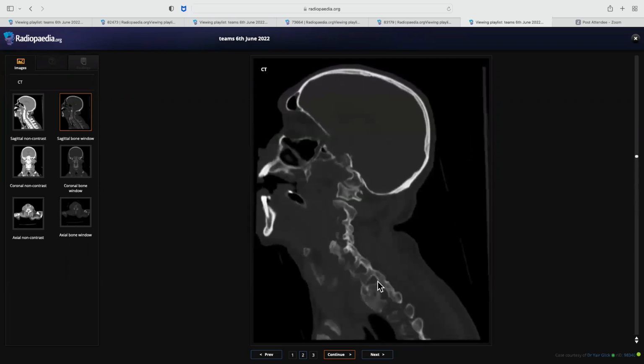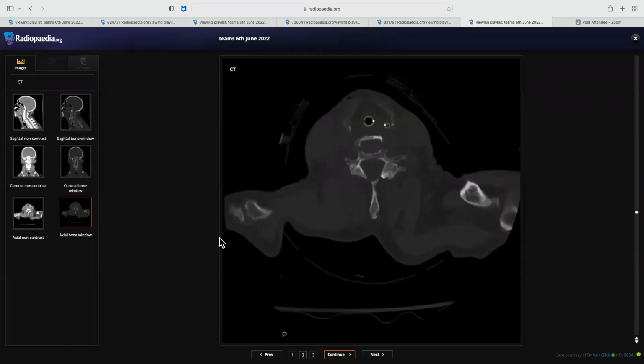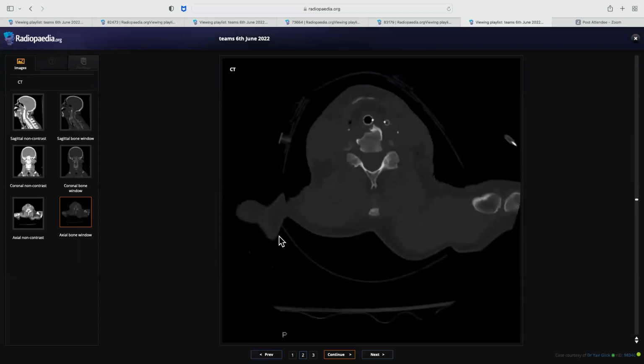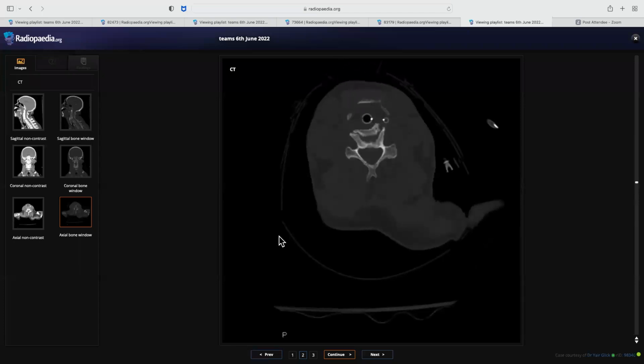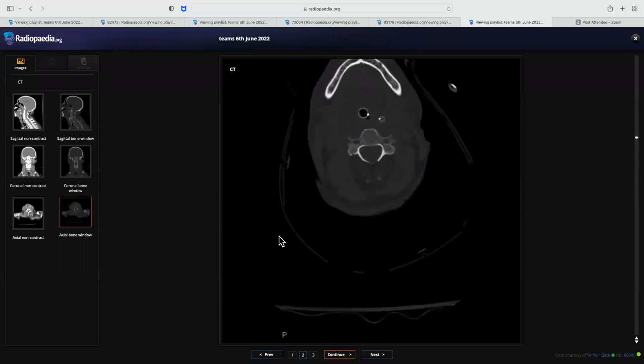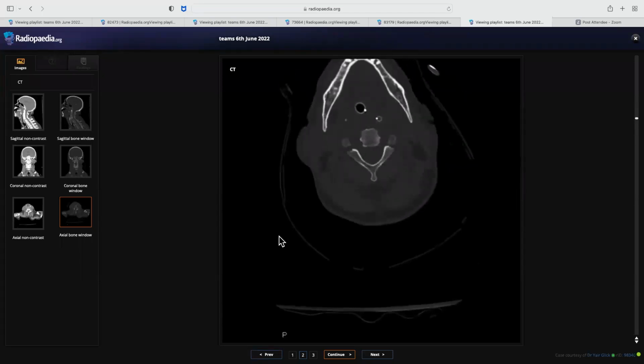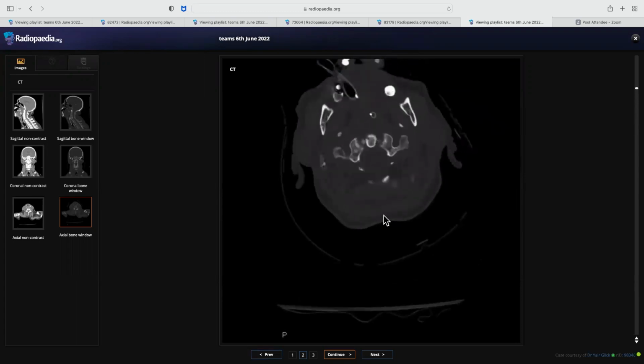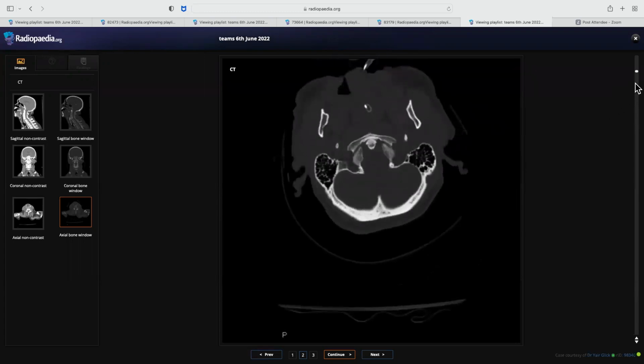So there is the axial. Can I see the axial? Yeah, please. So I will go quickly.